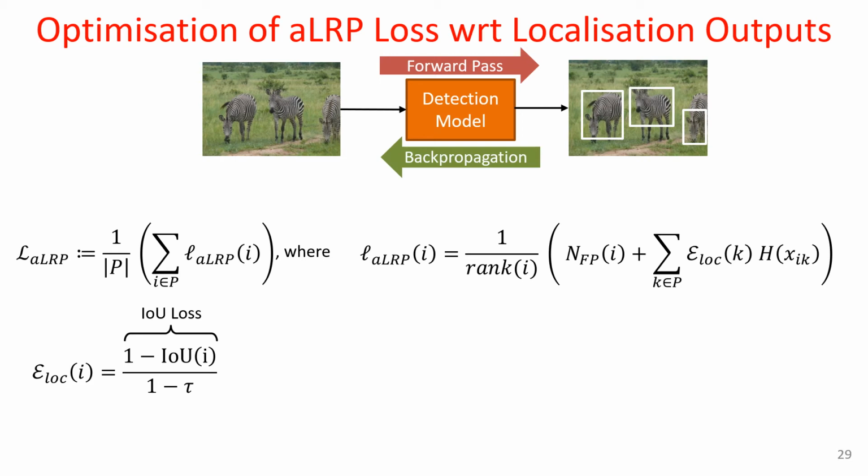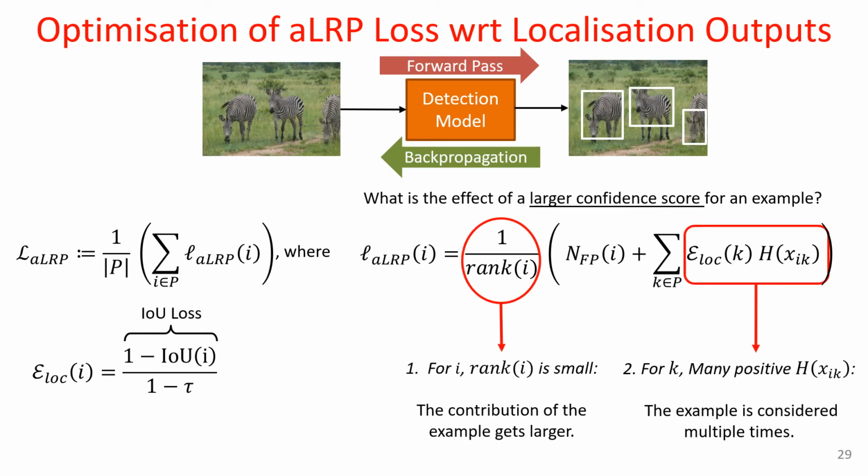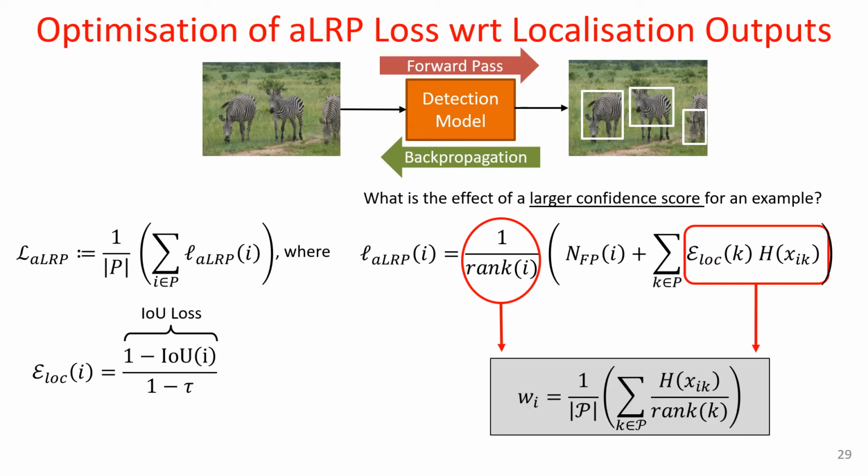Unlike the conventional losses, if a positive example has a relatively larger score, and hence it is ranked higher, first, it will have a smaller rank I, normalizing its error, and second, it will be included in the loss multiple times thanks to its positive pairwise relation H with other positives. With these two changes, the localization branch assigns larger weights on the positive examples with larger confidence scores.